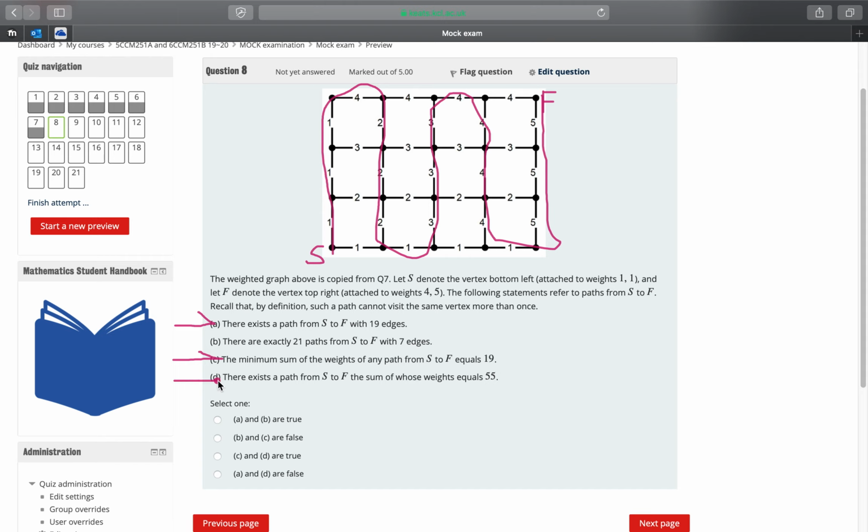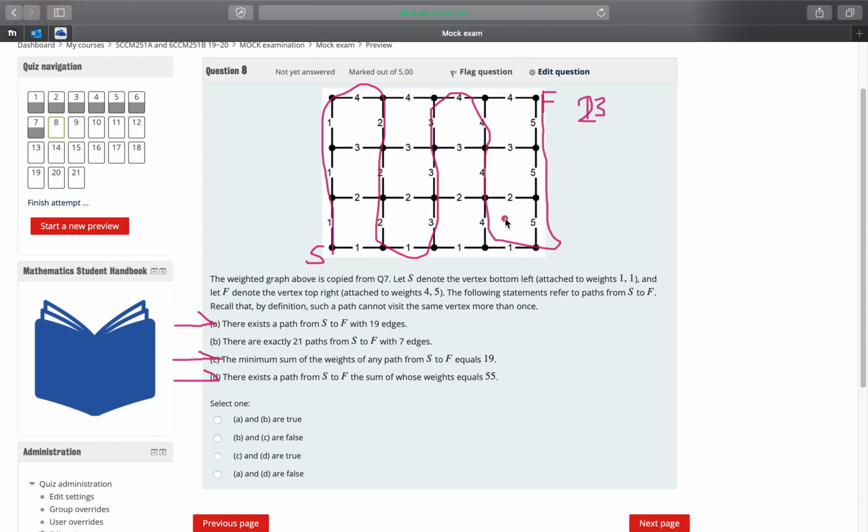D is also correct, because for the path which is still visible here, if you sum up the numbers, you get 55. Let's just check that. You have 3 ones. You have 4, let's do these together. 6 and 4 is 10, so that's 13. 14, another 10, because it's 1 plus 9, so that's 23 up to here.